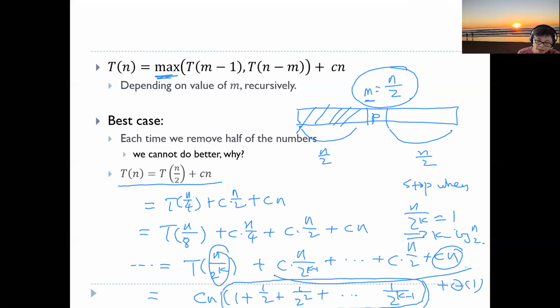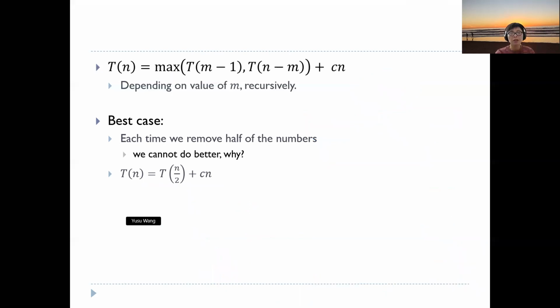So this is a constant times cn, and the whole thing gives me linear time. So if we get very lucky, and every time the pivot is in the middle, then every time we can remove half of the problem and we only need to recurse on the remaining half of the numbers. In this case, we just showed that you can solve this recurrence and it gives you time complexity which is only linear. So this is similar to the problem we've seen before. All right, so this is the best case, which takes linear time.